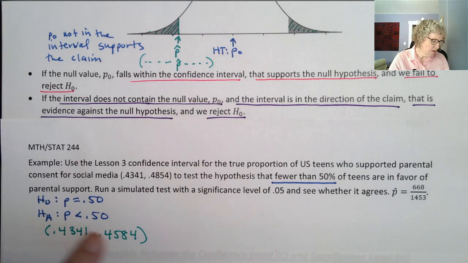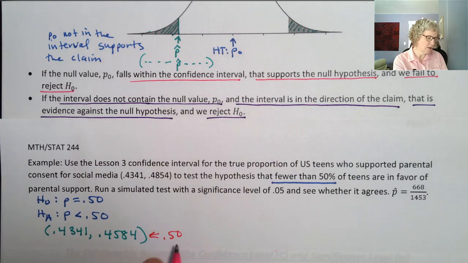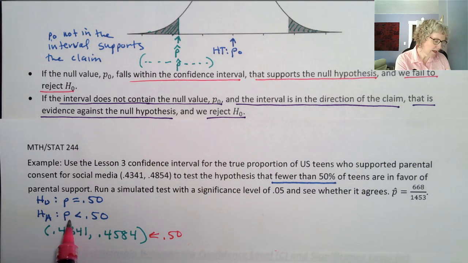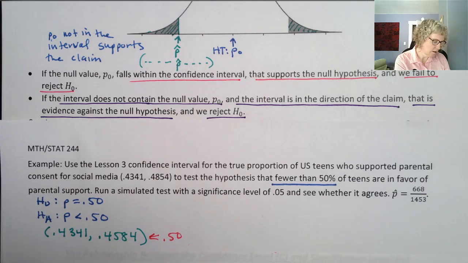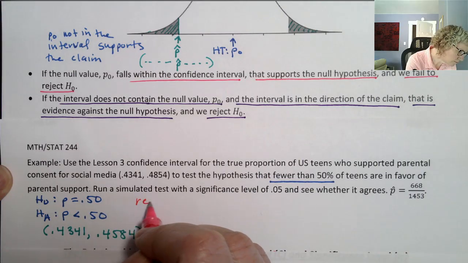Well, this does not include the null value. So in fact, our 0.50 is all the way above it. So the interval is all the way below. It's completely below. And that is the direction of our claim, right? It is less than. Okay, so we would, in this case, reject the null.